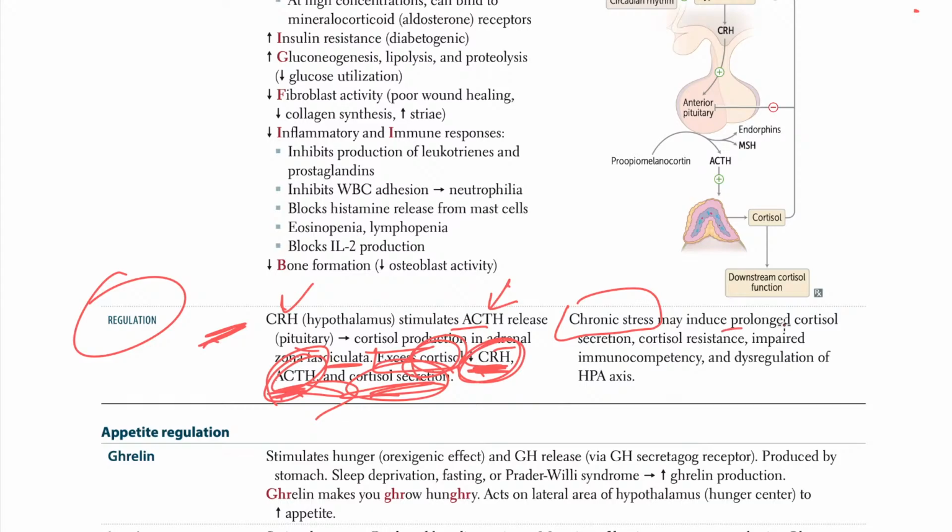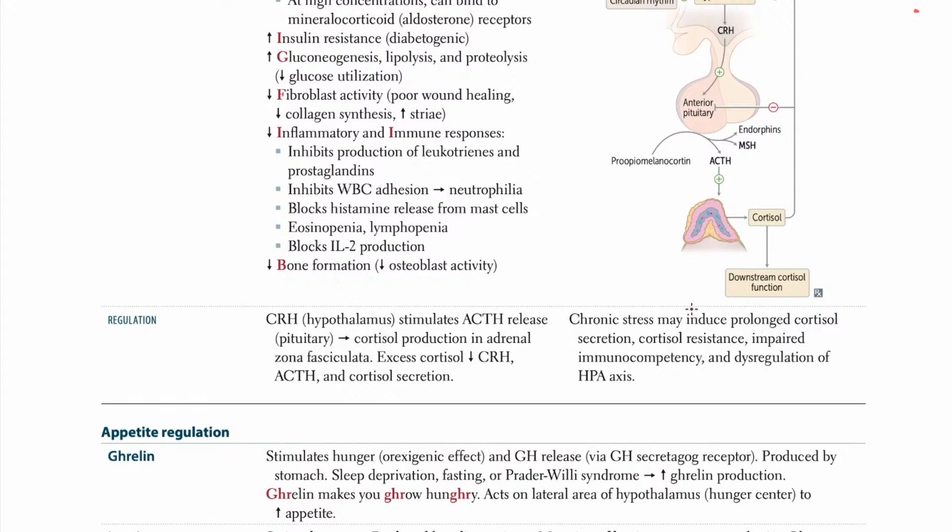Chronic stress may induce prolonged cortisol secretion. Cortisol resistance can occur. Dysregulation of HPA axis. And that is also important. One thing that they haven't mentioned is that the cortisol, when it is down here in the bloodstream, it also causes a couple things.